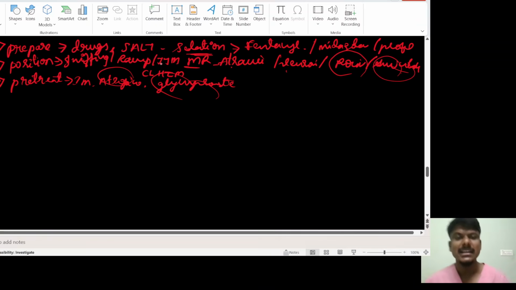Both are anti-muscarinics and will reduce upper respiratory secretions, so there will be no pooling and no aspiration of nasal secretions into the trachea. So we pre-treat the patient with atropine and glycopyrrolate, and then we induce the patient.